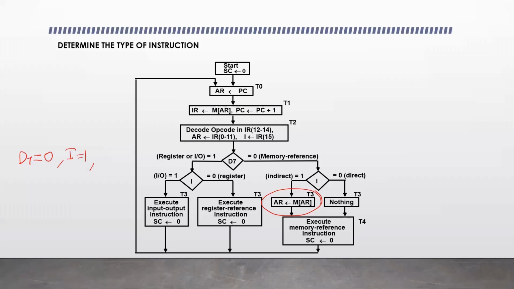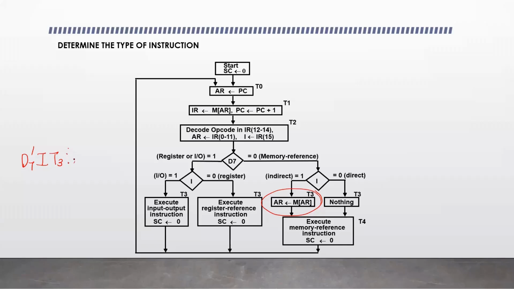So the control condition for the 4 paths the instructions take can be symbolized as D7 dash, because D7 is 0 for this particular operation, and I is 1, we write I here, and the timing is T3.